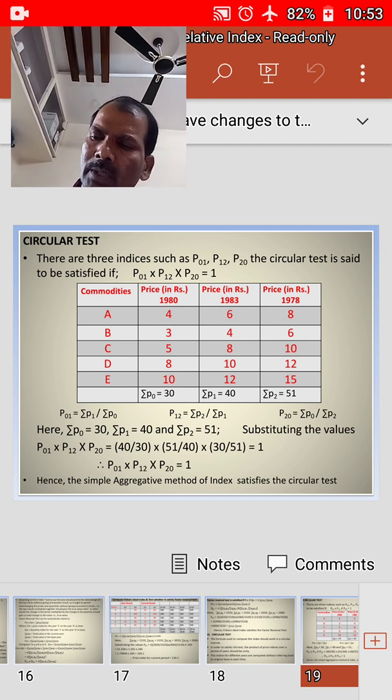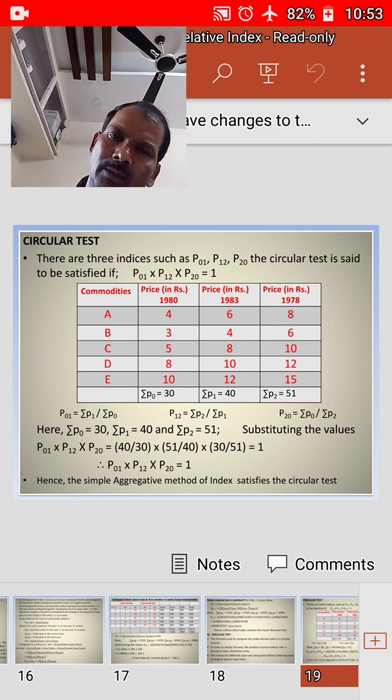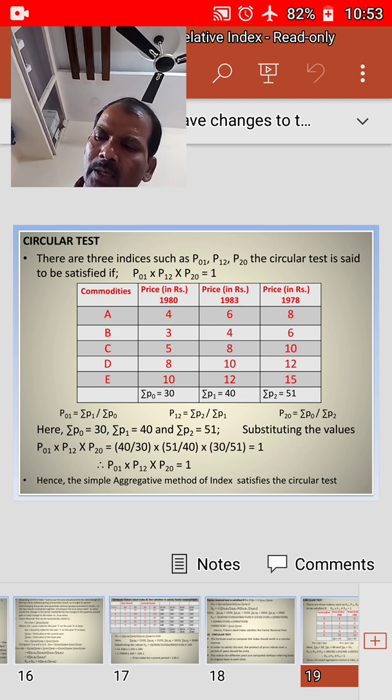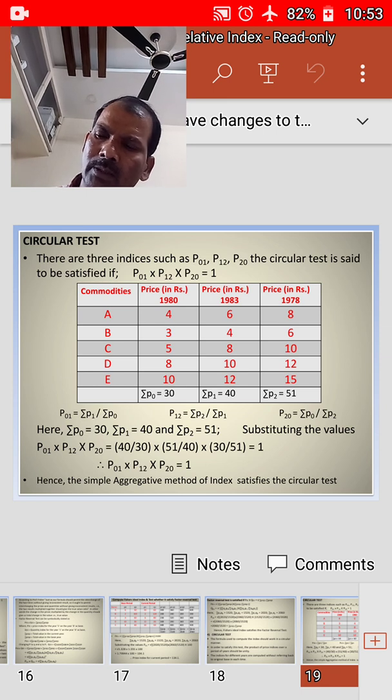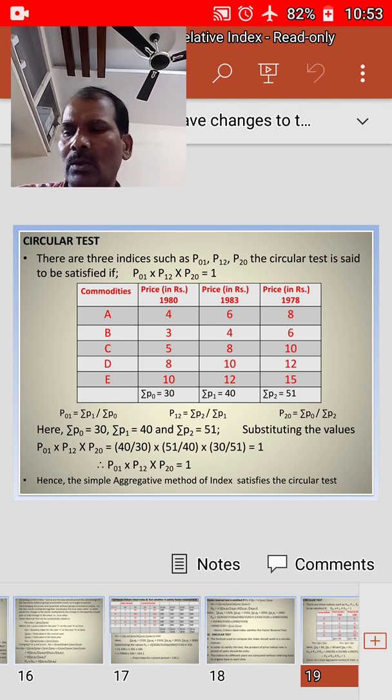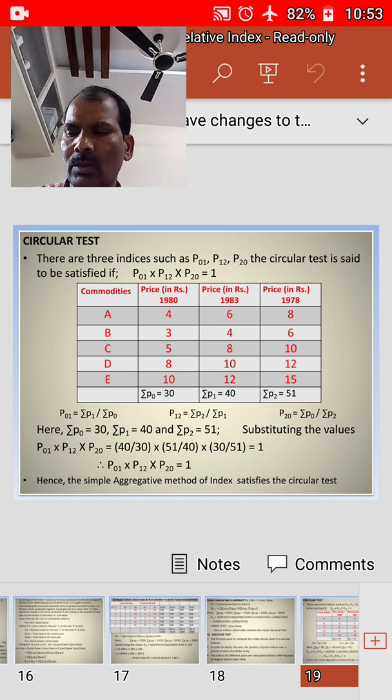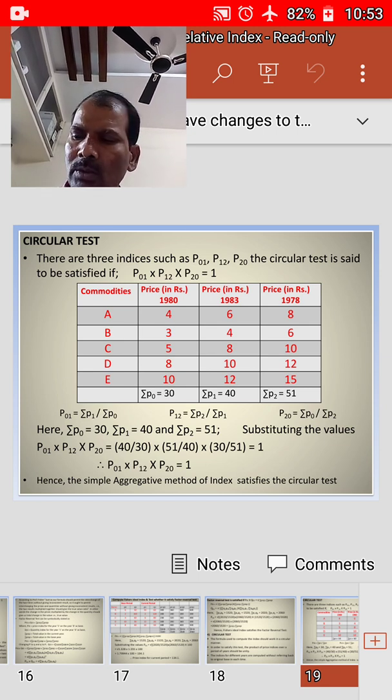If you sum up the prices of 1978, these are nothing but sigma P0 is equal to 30, whereas 1980 prices are sigma P1 is equal to 40, and 1983 prices are sigma P2 is equal to 51. In order to prove that the simple aggregative index satisfies the circular test, we should get P01 into P12 into P20 is equal to 1. P01 is equal to sigma P1 by sigma P0, P12 is equal to sigma P2 by sigma P1, P20 is equal to sigma P0 by sigma P2.